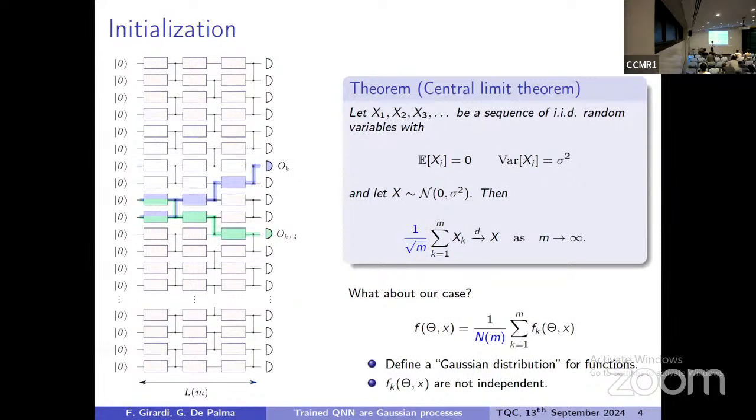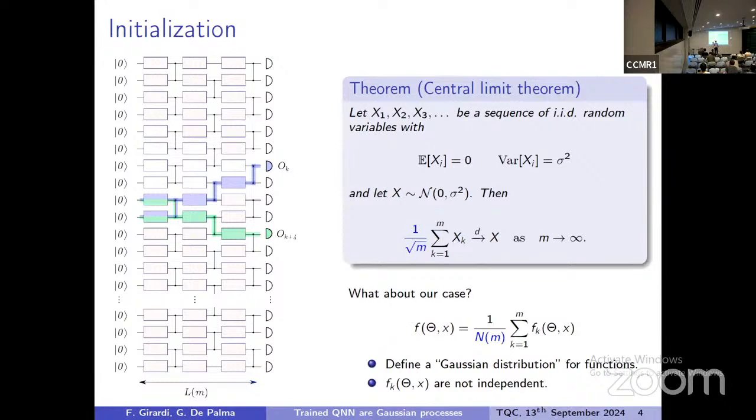A naive approach could be, okay, maybe this is similar to the case of the central limit theorem, where we have IID random variables, we consider the sum, and the limit is a Gaussian random variable. But of course, we have two problems to take into account. First of all, here we have functions. We don't have only random variables.